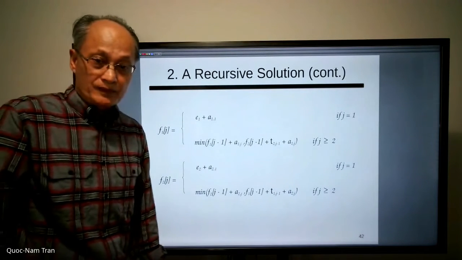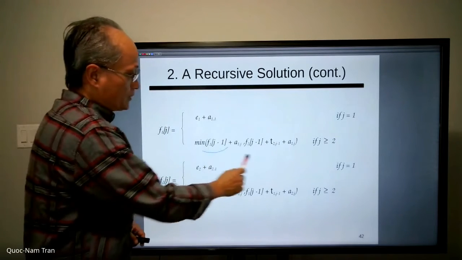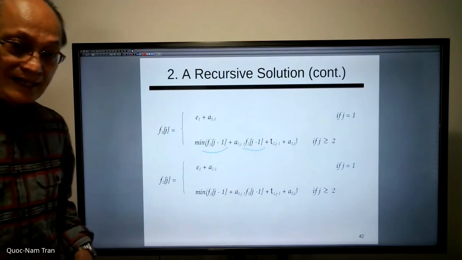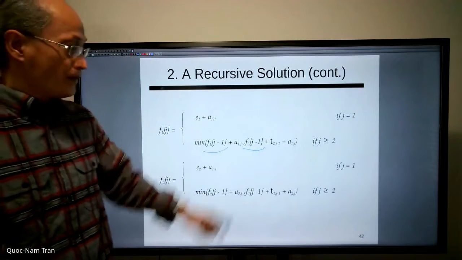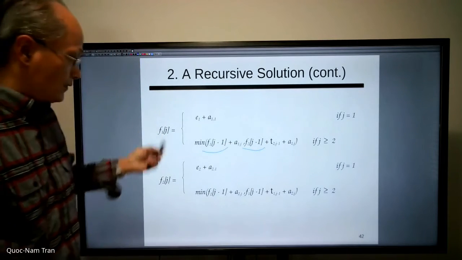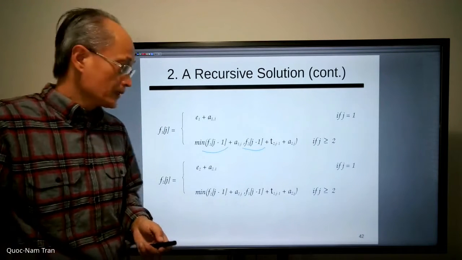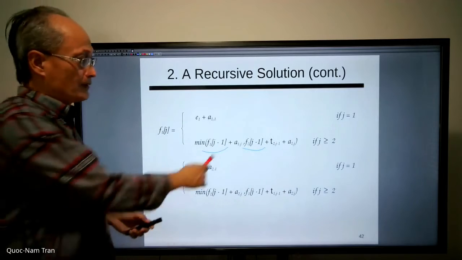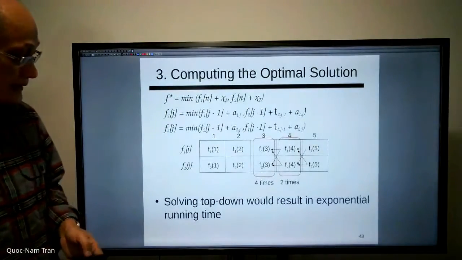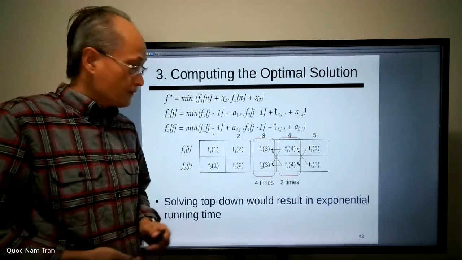But the problem with the recursive algorithm is that some of the calculation will be repeated again and again, and based upon this, the complexity of this algorithm will also be exponential. We can illustrate it as follows.